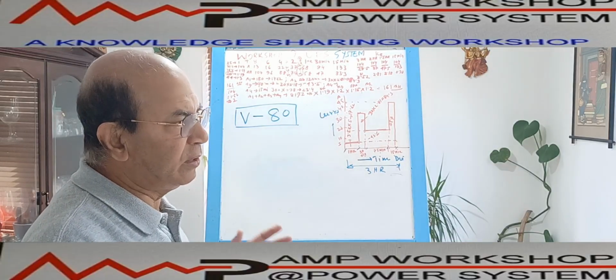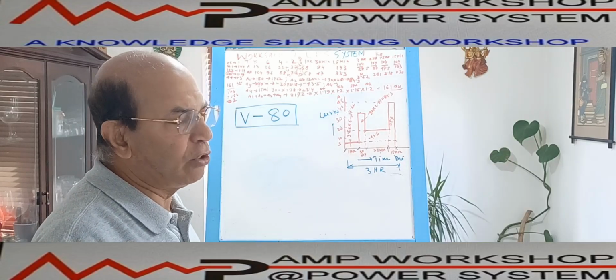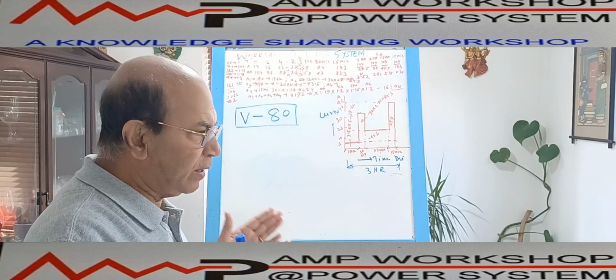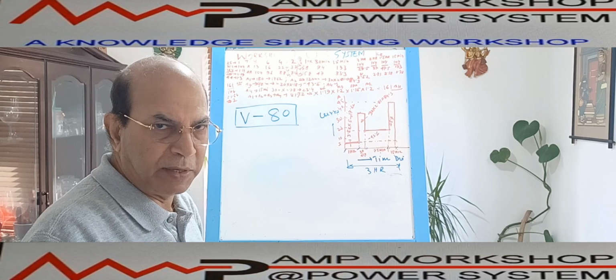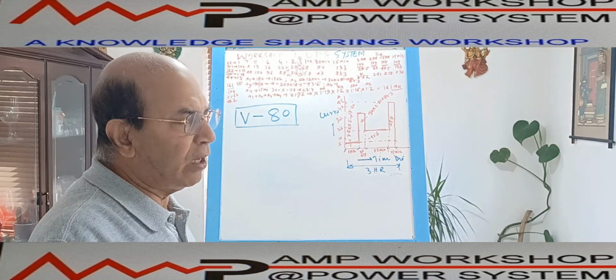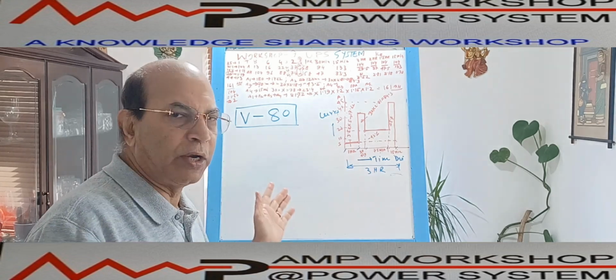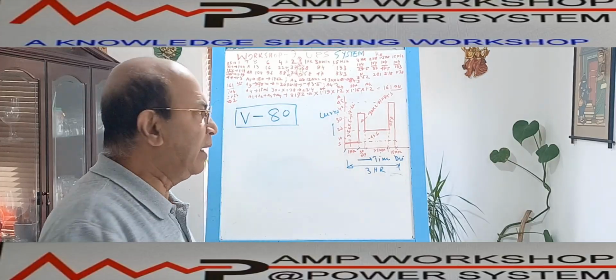Suppose the battery needs to back up for 3 hours. Over these 3 hours, we see how the load current is varying. Based on the load current, we calculate the corresponding DC current.